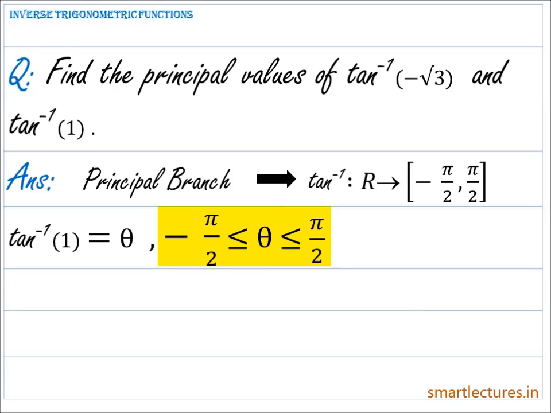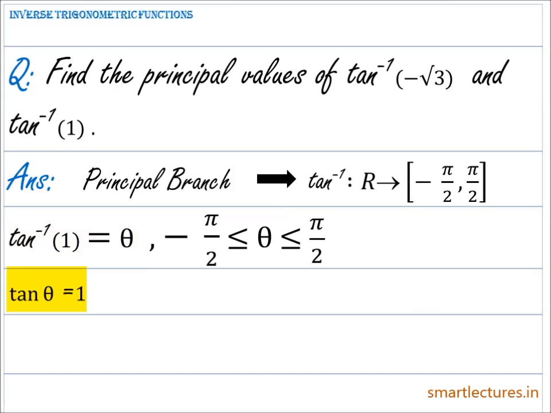Now tan inverse 1 is equal to theta, which means theta is the angle the tangent of which is equal to 1, or in other words, tan theta is equal to 1.